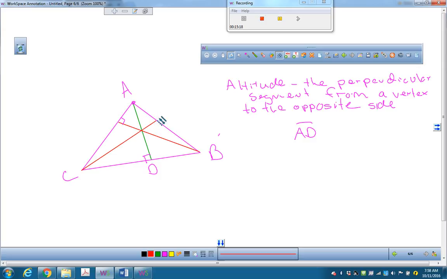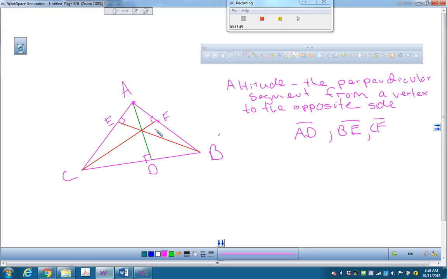We'll discover some properties about those altitudes, like, oh, looks like they all intersect at the same point. We'll discover that eventually. But all 3 of those things are altitudes, okay? So I have altitude BE, and altitude from C, we'll call this CF. So there's 3.